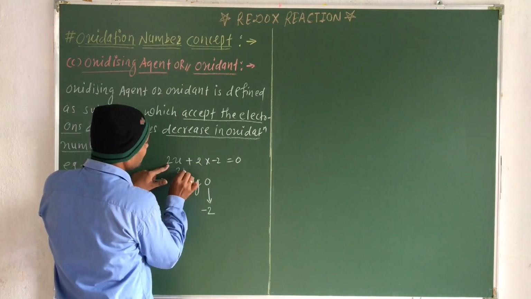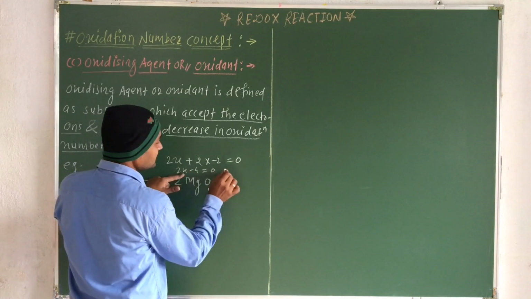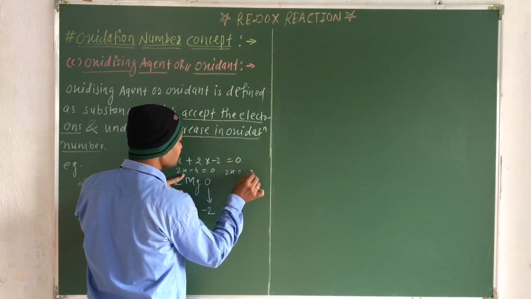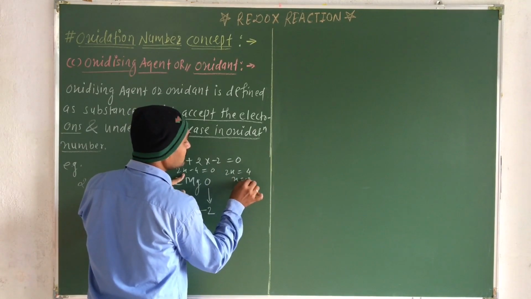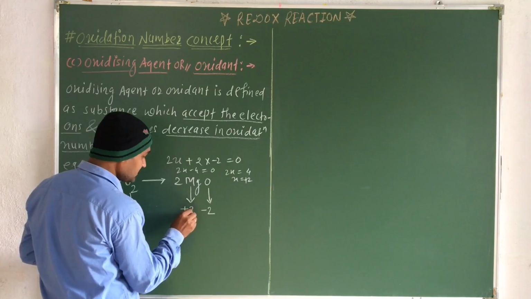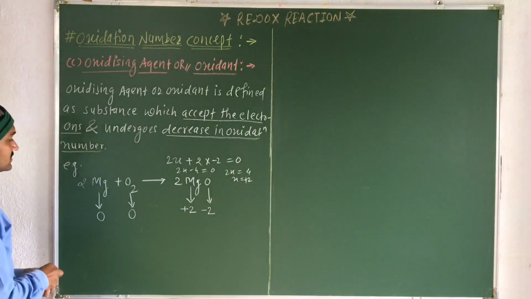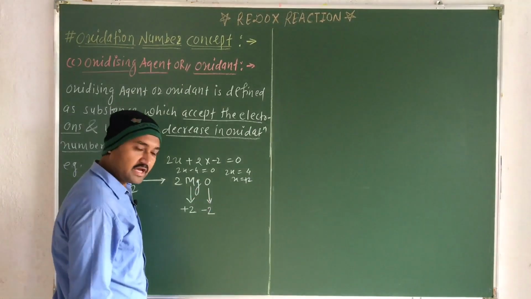So that will be 2x minus 4 equals 0. Is it right? Therefore 2x will be equal to 4, therefore x will be equal to plus 2. So its oxidation number will be plus 2. So we have assigned the oxidation number for each element in the reaction.